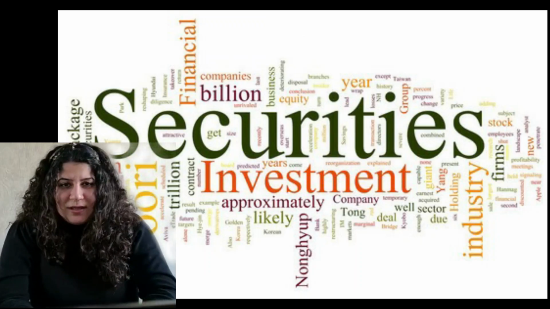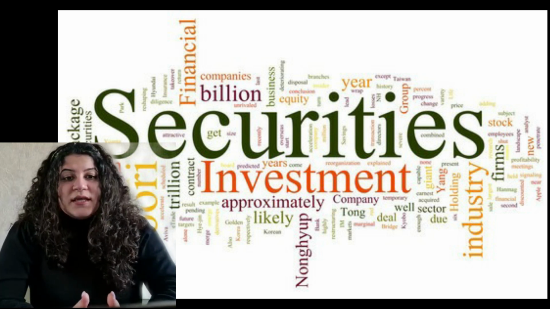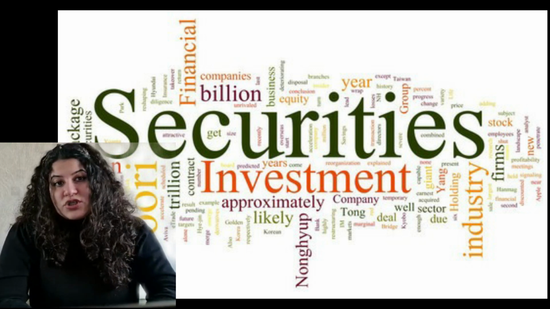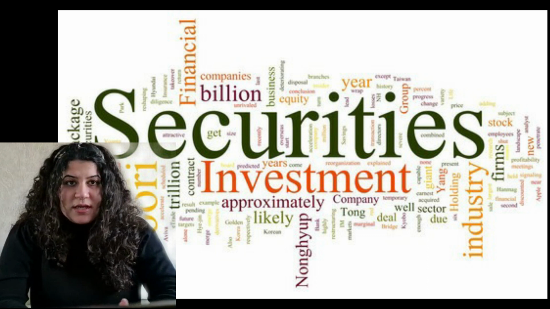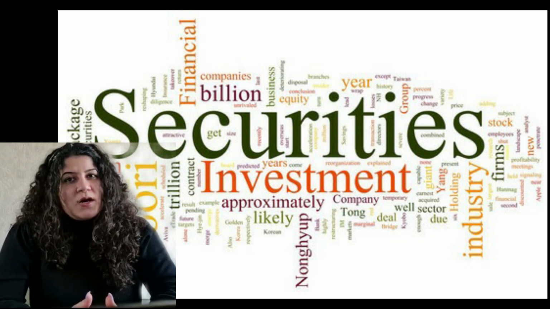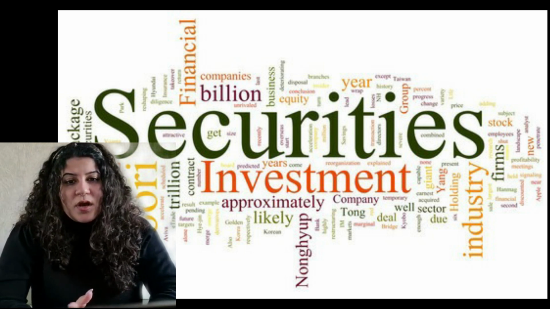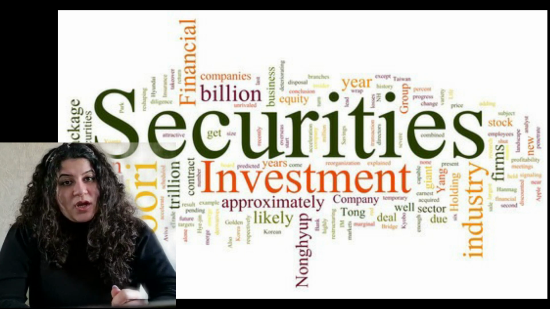What does security mean? Security refers to financial instruments that represent a form of ownership or investment in a company or government entity. Examples of that: stocks, bonds, mutual funds, exchange traded funds, and options.